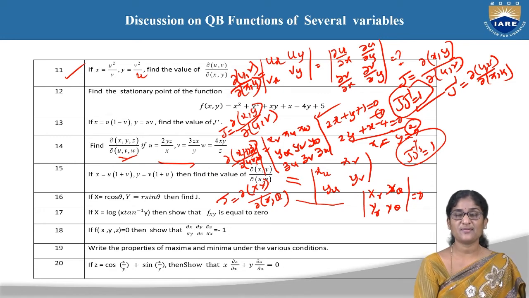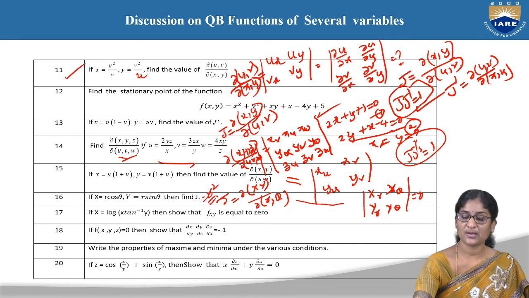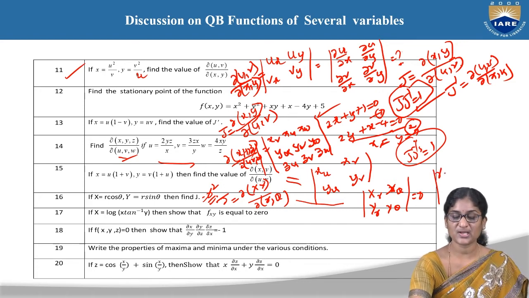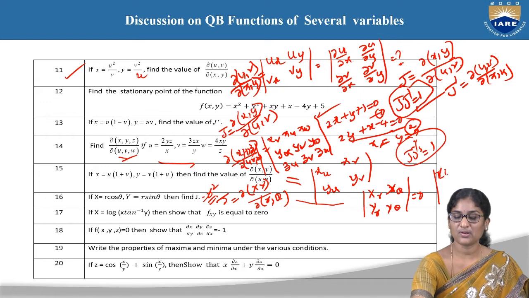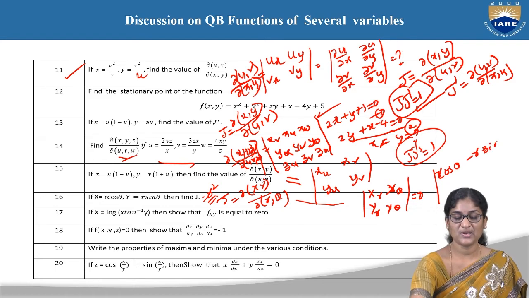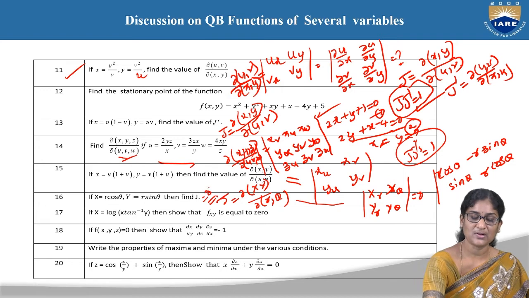So if you substitute here, we'll get r into cos square theta plus sin square theta, which is equal to r into 1, which is equal to r. So here the answer is equal to r.